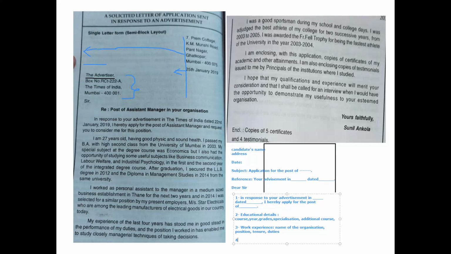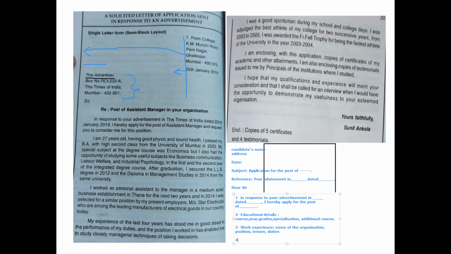See, you might have worked in 4 companies, but you should not give the details of all those 4 companies in your application letter. You should mention for how many years you are working in the field. So I have been working in this field for say 10 years, 2 years, 3 years, and I'm working as say senior manager at Star Electricals.